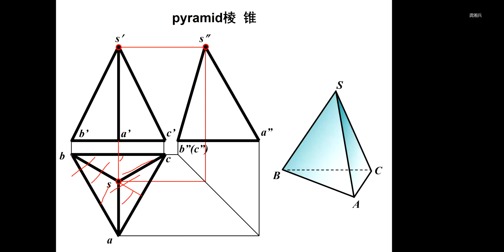The SBC plane, in this projection, accumulates to one line, so the SBC plane is perpendicular to the V projection plane.